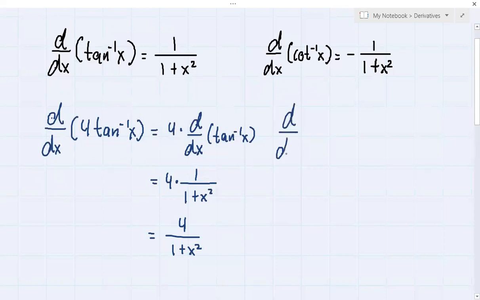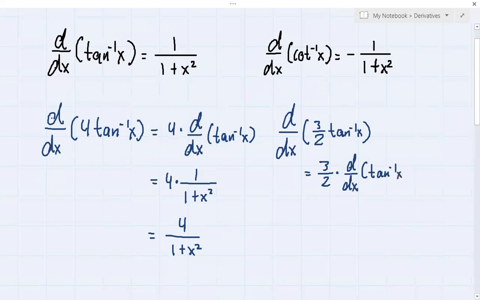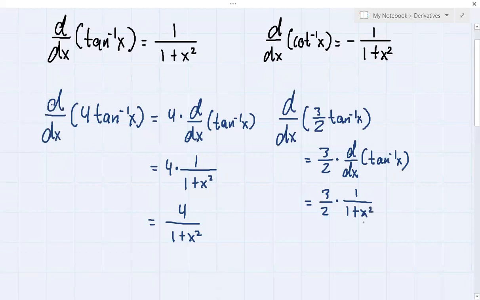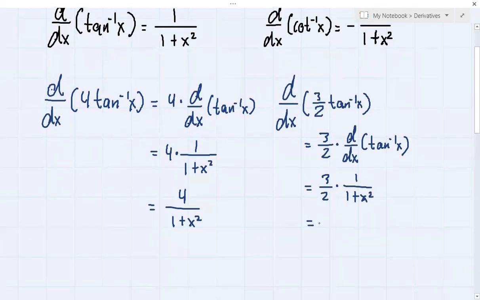Now, another one. So let's just say meron tayong 3 halves ng arctangent. So ito, we will have 3 halves times the derivative ng arctangent. So, derivative ng arctangent, once again, it is 1 all over 1 plus x squared. So now let's multiply together. 3 halves times 1 all over 1 plus x squared.